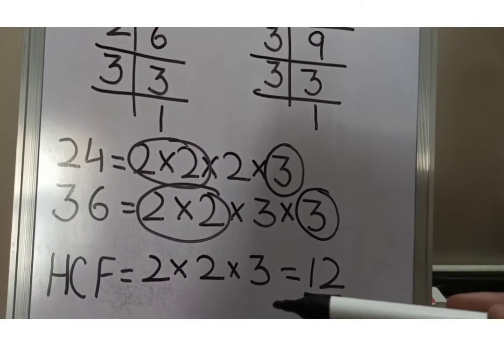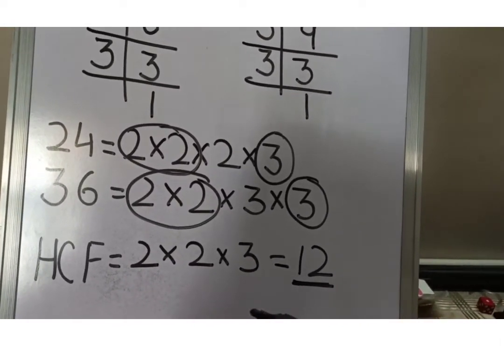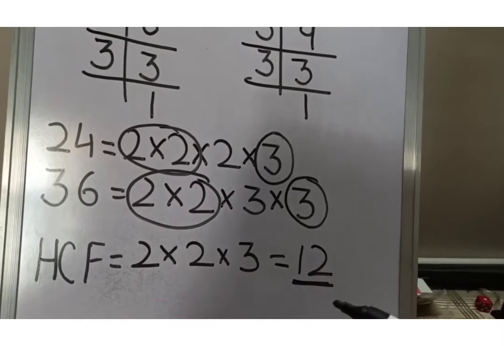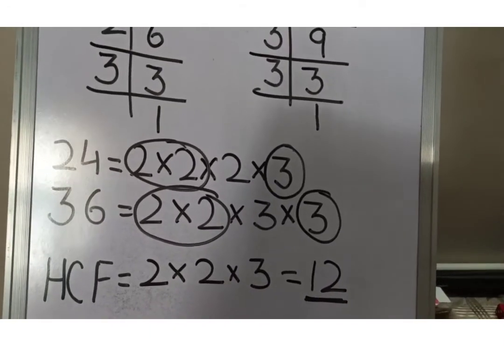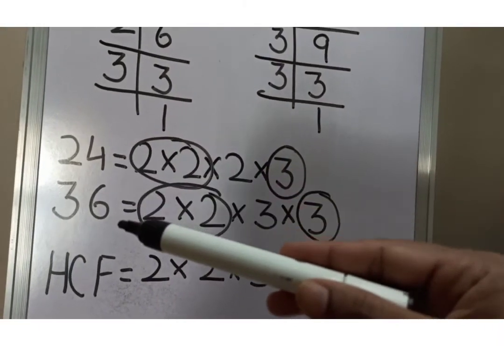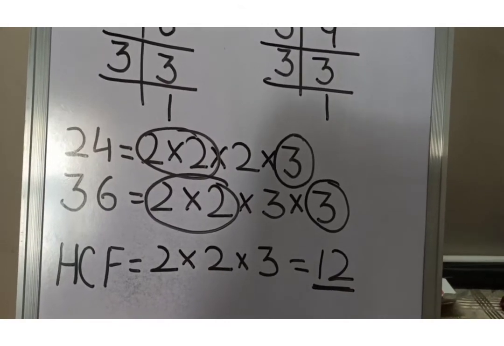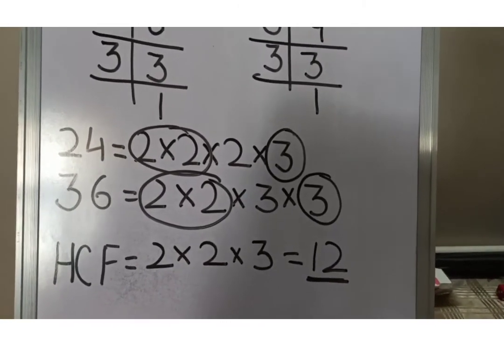Now the common things are written once only, and all multiplied together we get the answer 12. So we can say the HCF of numbers 24 and 36 is 12. I hope it's clear to everyone.